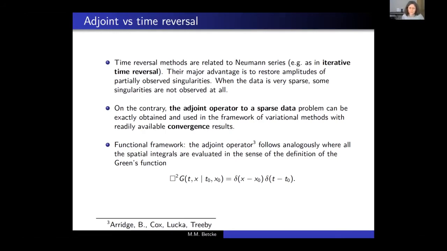So it makes more sense to use variational approaches, and the adjoint operator is of course a part of the gradient, so we will need this inside of those approaches. This adjoint operator can be defined rigorously for partially sampled data. So for a partially sampled operator, you have a rigorously defined adjoint.